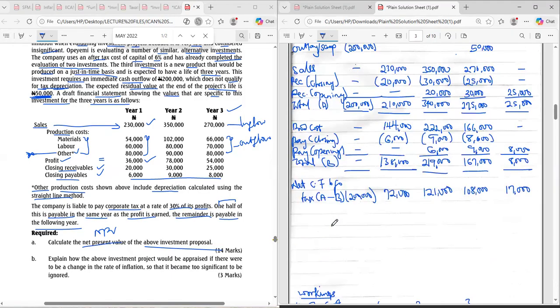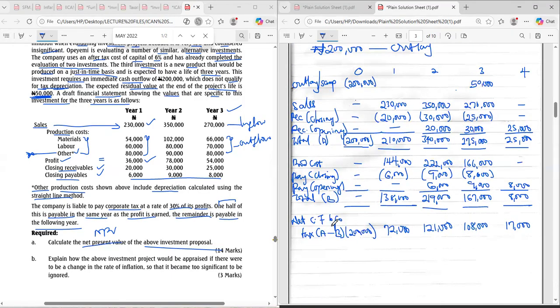Yes, go ahead, please. That place where we had our opening payables, I realized that when we were solving, we added our opening payables to the cost. But you know that for year 4, that opening payables is 8,000.